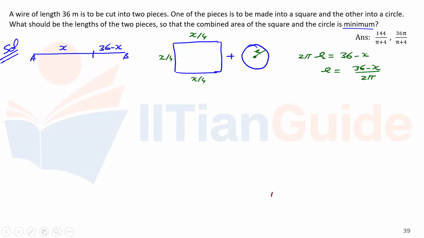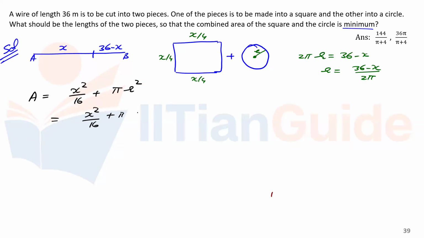Now I'm going to write the area of the combined figure. The area is the area of the square, that is x square by 16, plus the area of the circle, that is pi r square. I will write r in terms of x, to make a single variable.